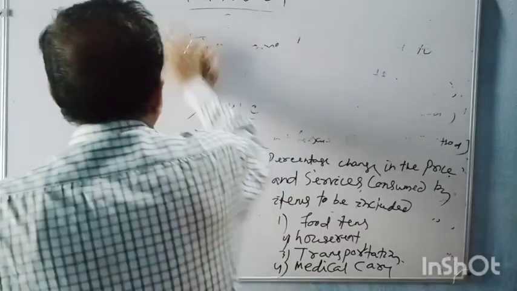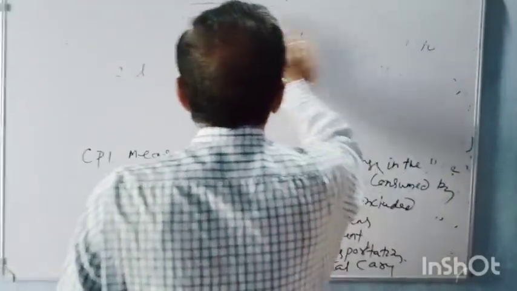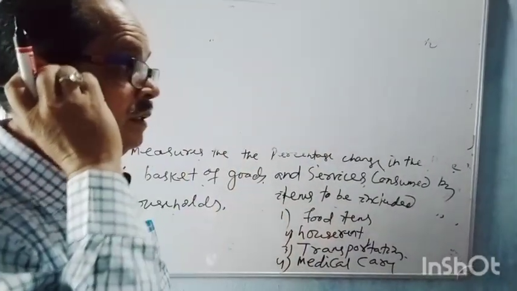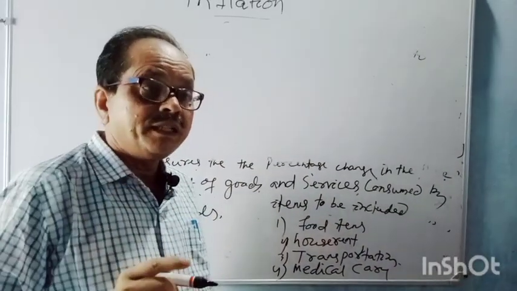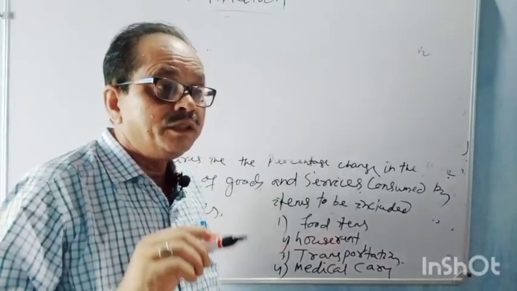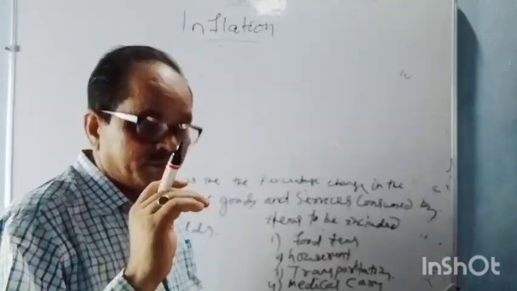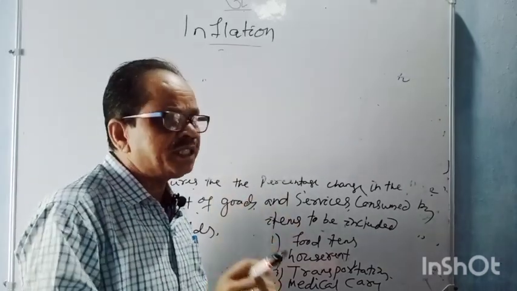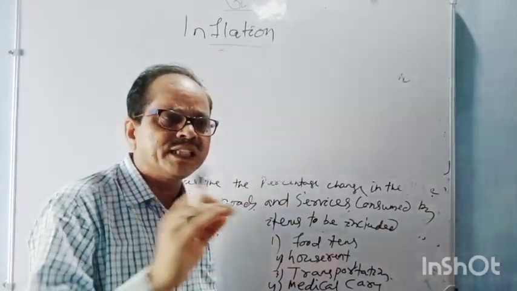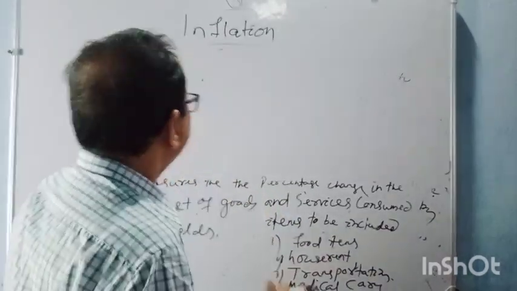For CPI, first we have to take a base year, because the base year is a year in which prices are generally stable. What is base year? Base year means the year in which prices are generally stable.